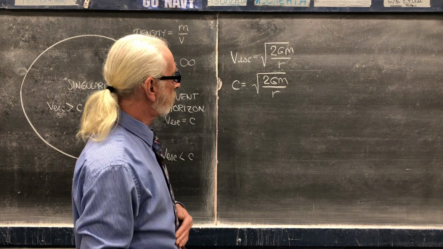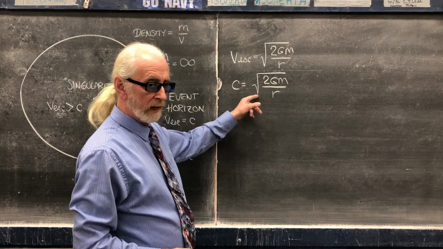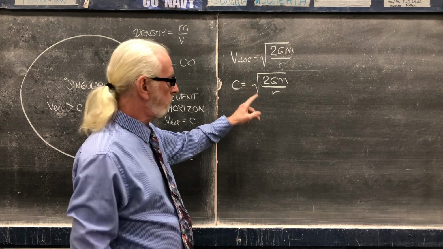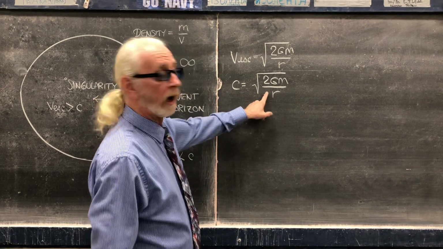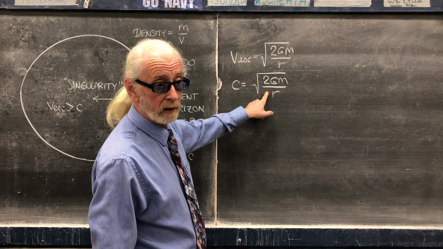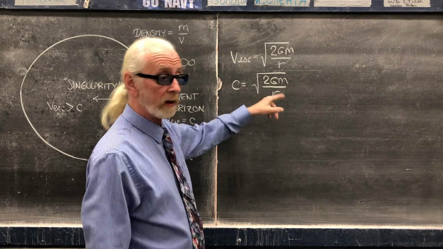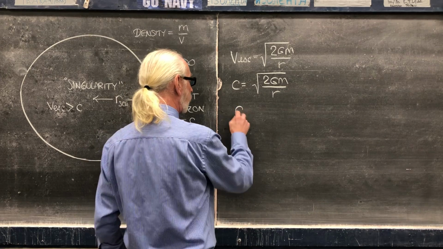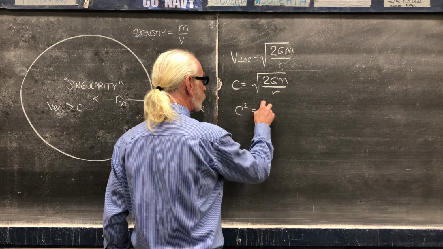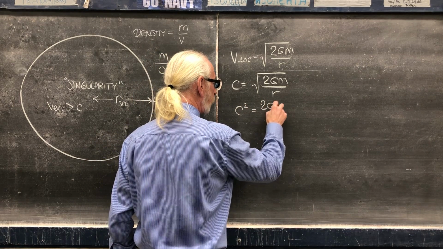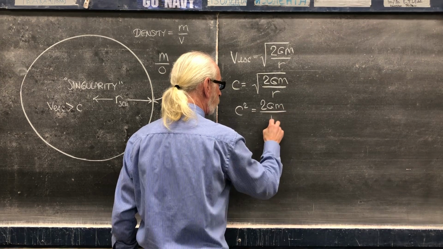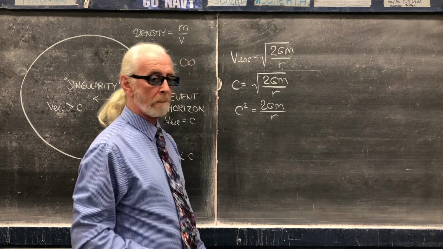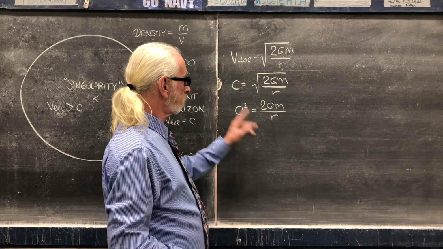All right. That's useful. Let me show you why. First of all, how do you unsquare something? How do you unsquare root something, rather? Well, you square it. So we're going to square both sides of this equation. And now we get c squared equals 2GM over r.